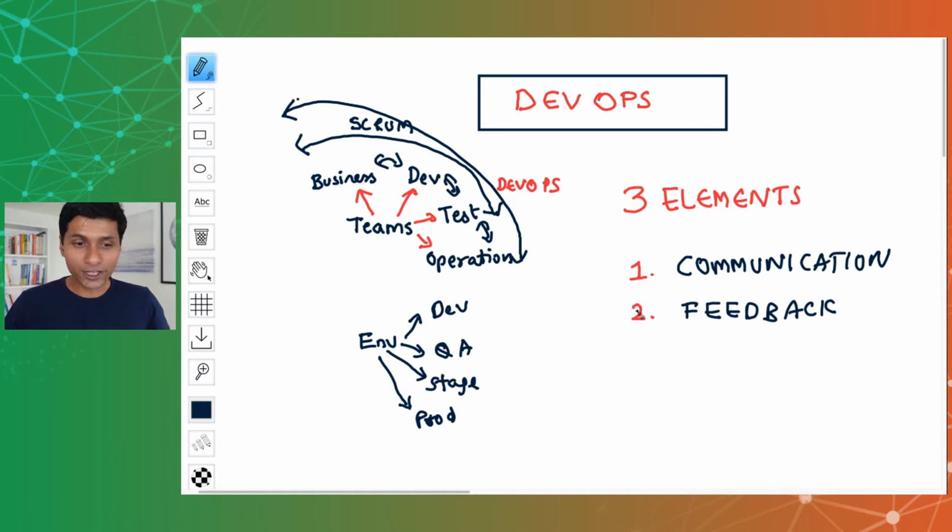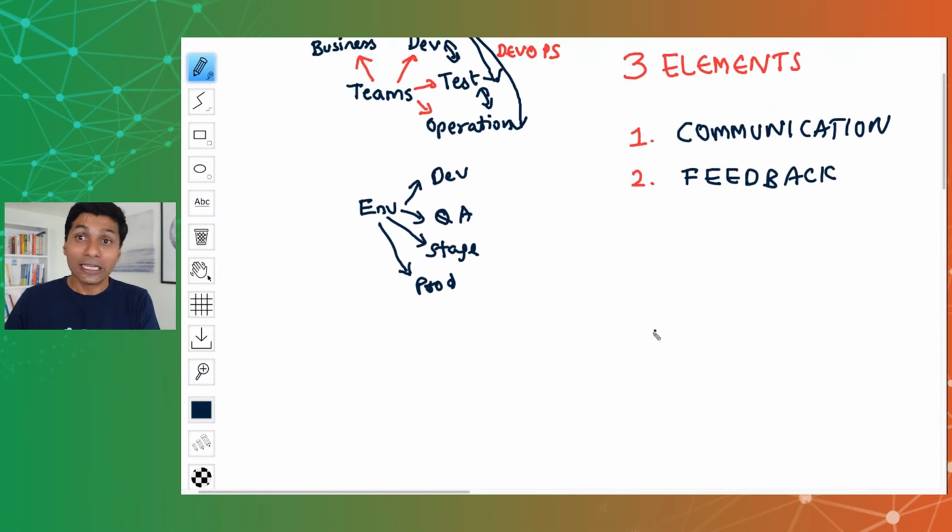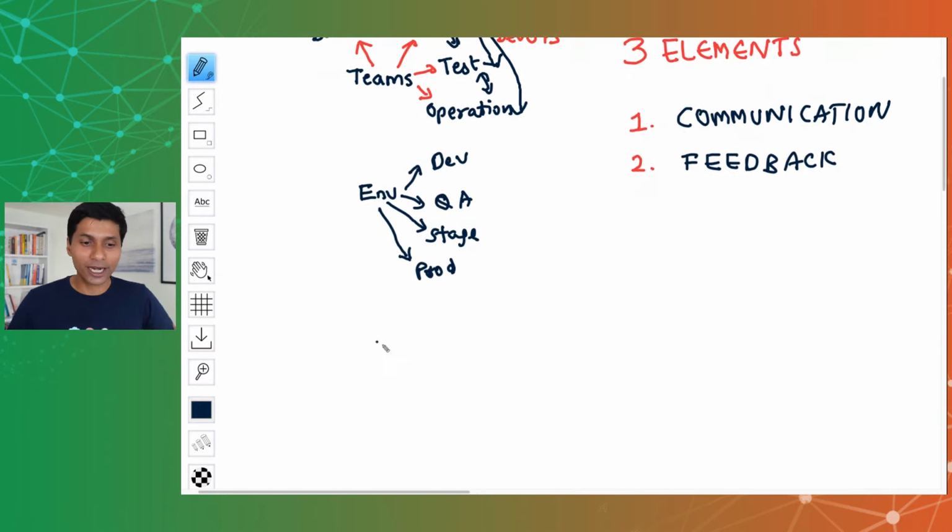The second important thing that we realized over the few decades of developing software is that feedback is very important to be able to build great software. And that's the reason why you would see that these days we build software in iterations. There are a lot of steps in building software, right? We start with requirements.